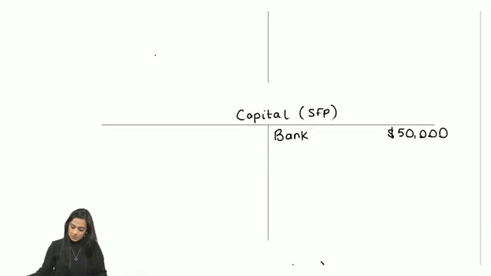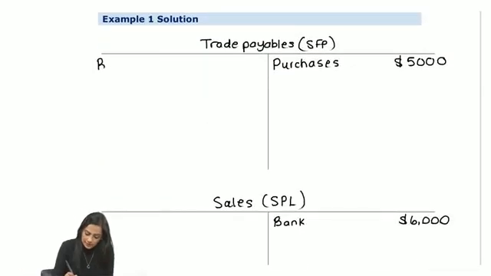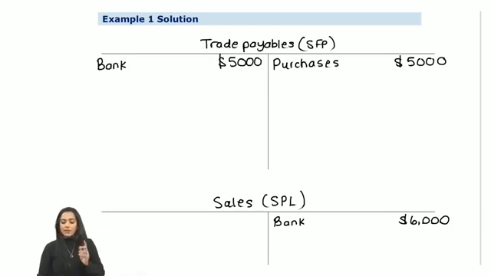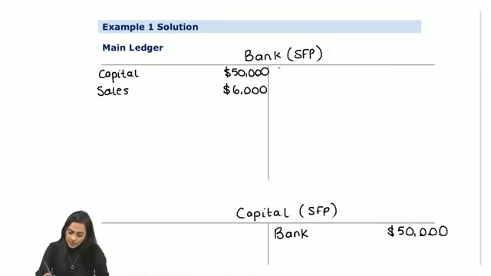Trade payables, on the debit side you write bank, 5,000. Do you see here, ladies and gentlemen? You see that on the credit side you had a liability, now the liability is gone because you paid them off. And then go to bank on the credit side, trade payables, 5,000.